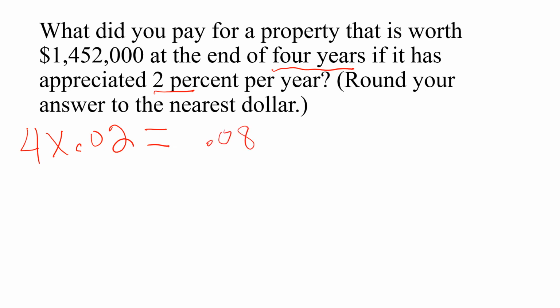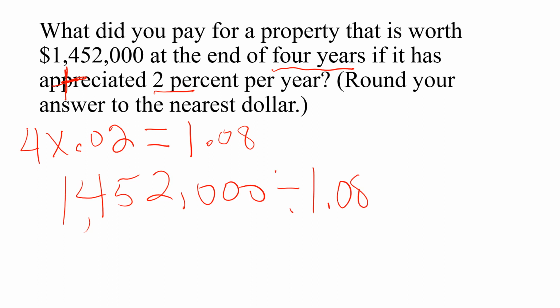But since it appreciated, we need to add 100% to that to give it 1.08. So let's take the value of our home, 1,452,000. Now we're going to divide by 1.08. And that says we paid $1,344,444 for the property.